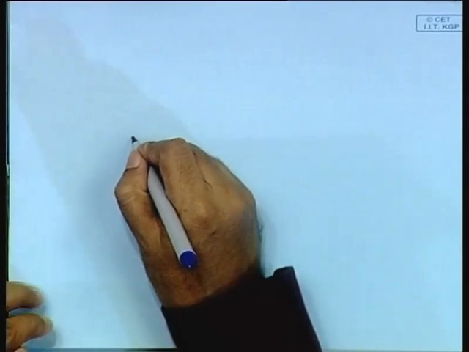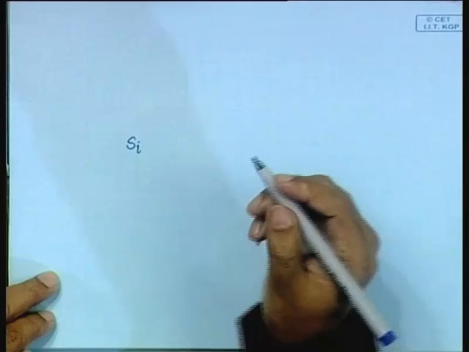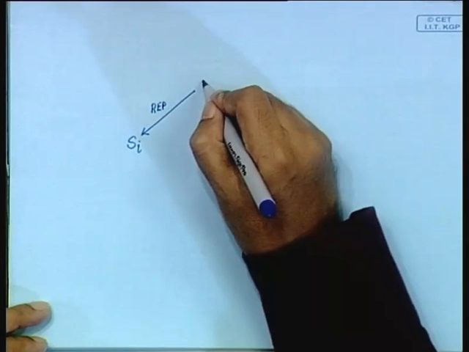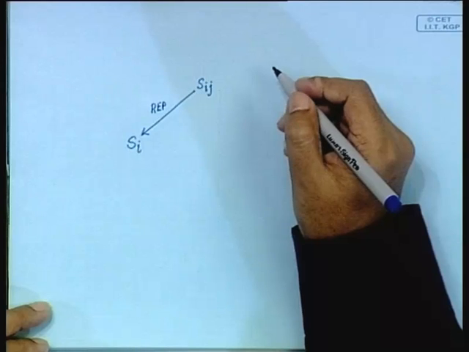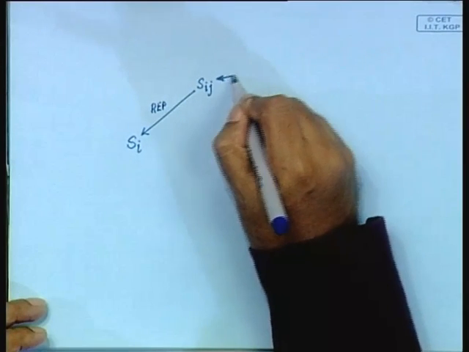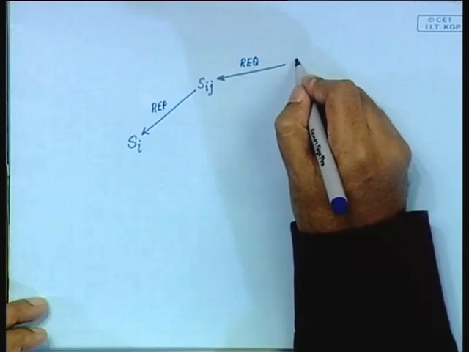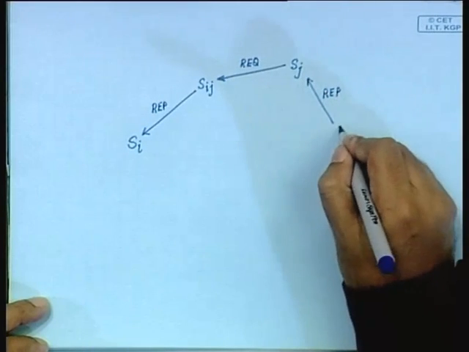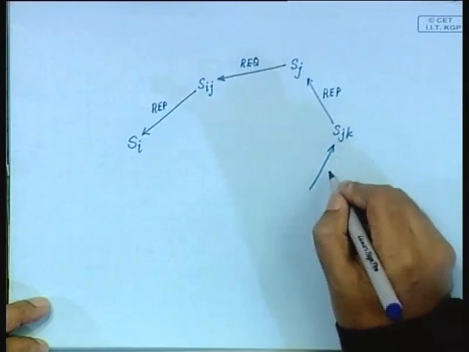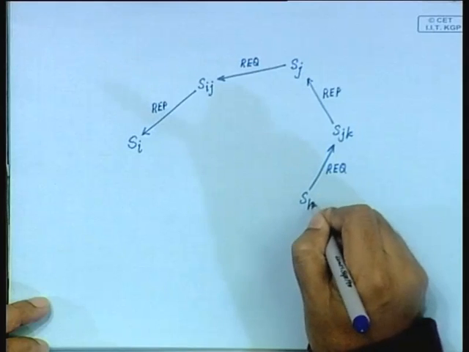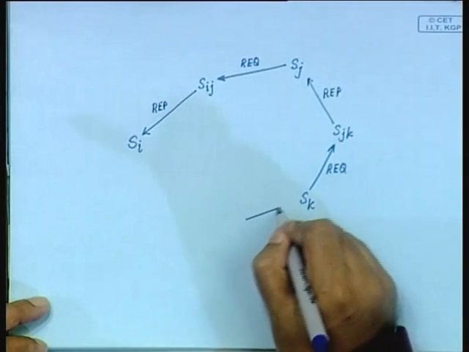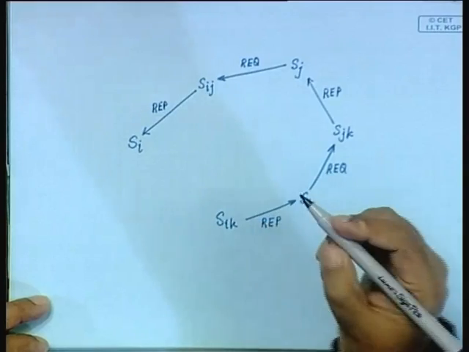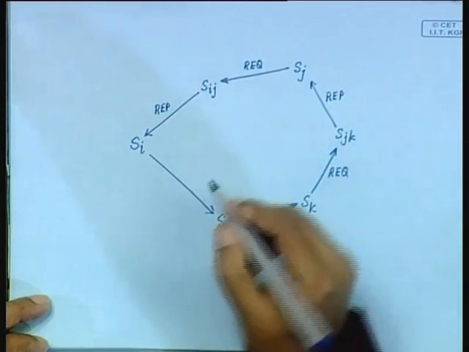We had Si which had got a reply from Sij, okay, and Sij had a request from Sj, Sj had got a reply from Sjk, Sjk has a request from Sk, okay, and Sk has got a reply from Sik, and Si has a request for it.